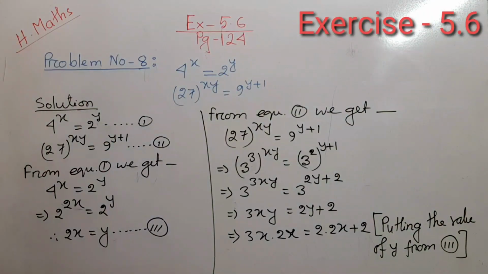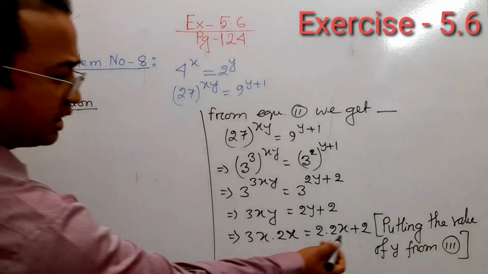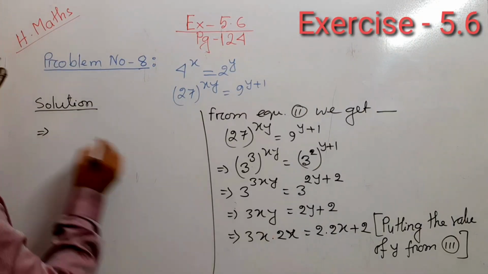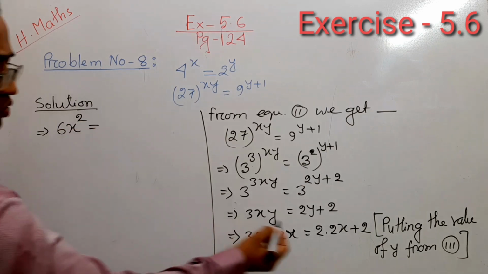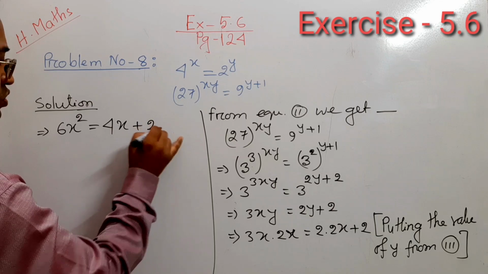Now if we calculate this, we get 6x square equal to 4x plus 2.